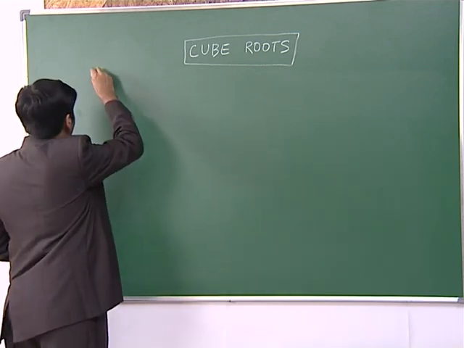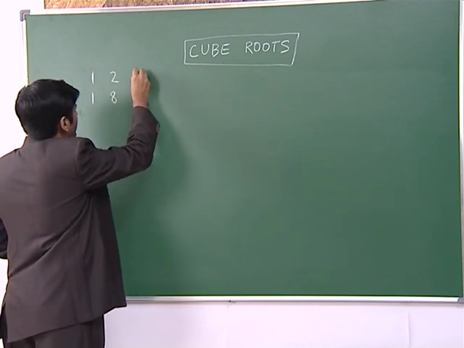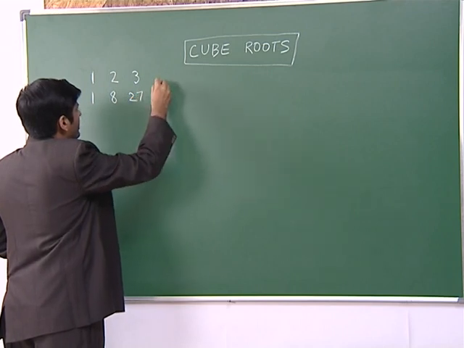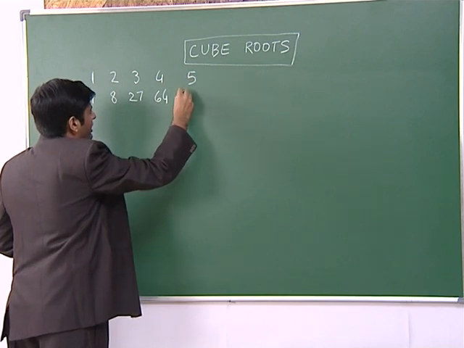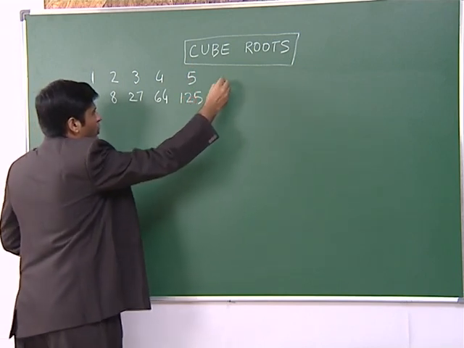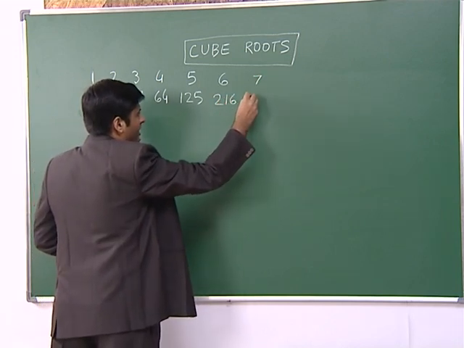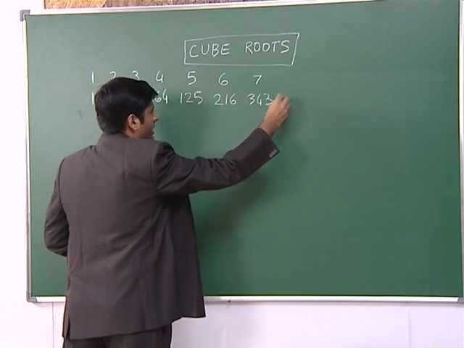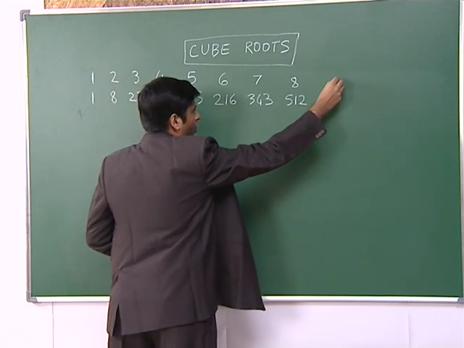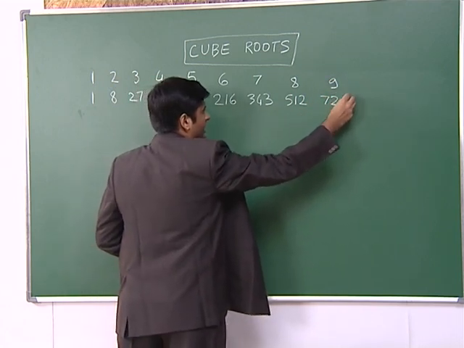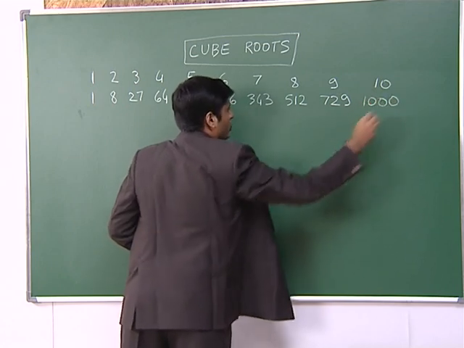First, the cube of 1 is 1, cube of 2 is 8, 3 is 27, 4 is 64, 5 is 125, cube of 6 is 216, cube of 7 is 343, cube of 8 is 512, cube of 9 is 729, and cube of 10 is 1000.